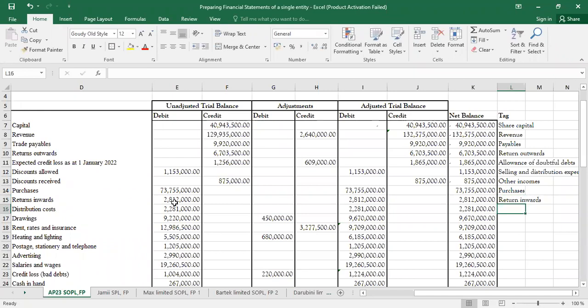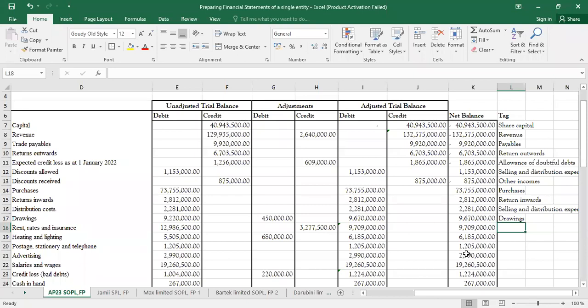Then we have distribution cost. Remember, the distribution cost will fall under selling and distribution expense, isn't it? And then we have drawings. Drawings will be just drawings, and this one will be reflected in the equity part of the statement of financial position.